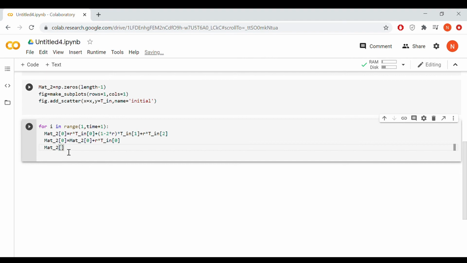We'll do the matrix_2 again, but instead from the 0, we'll do 1 to 48.